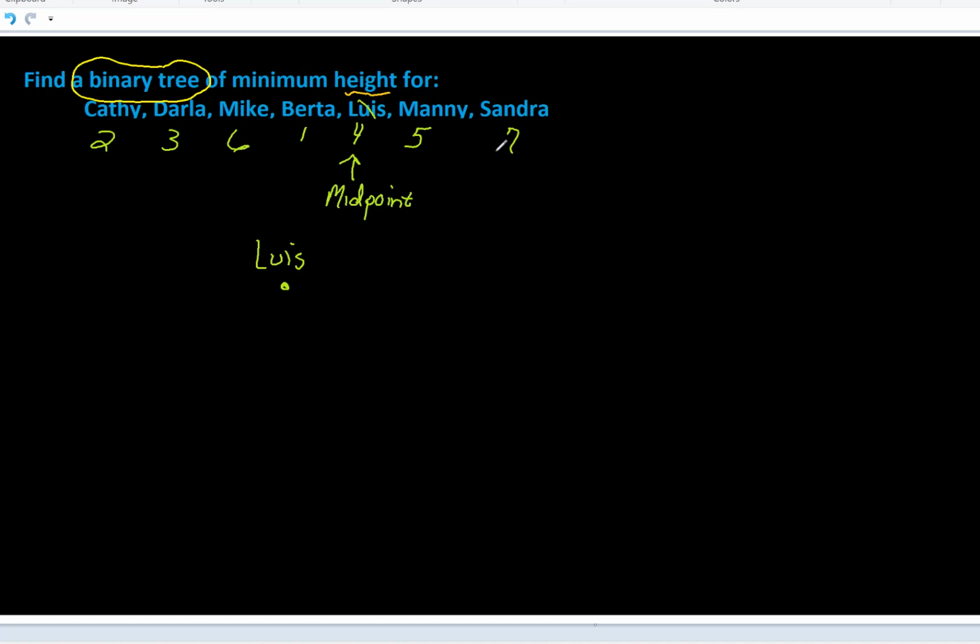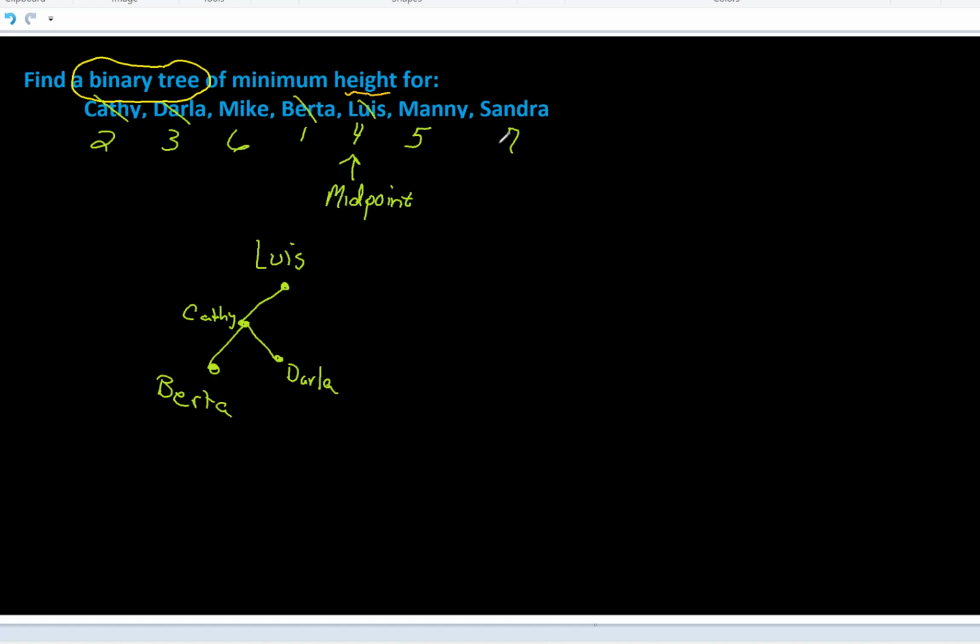So if I put Kathy over here, and then after Kathy would be the number 3, which is Darla, and before Kathy would be the number 1, which was Berta. So I'm just really nicely balancing this. If I had put Darla here coming off of Luis, then I would start to get a long tendril down to the left, and I don't want to do that. I want to keep my tree very balanced as I go.